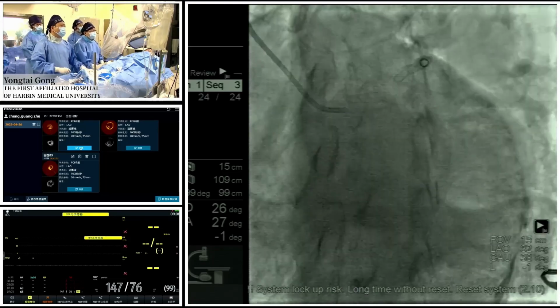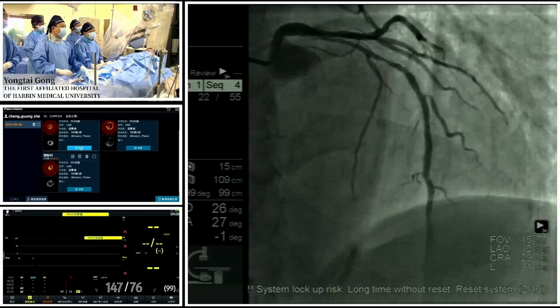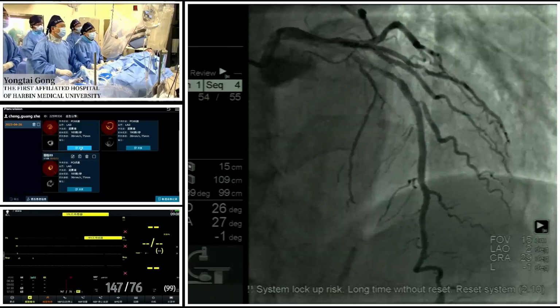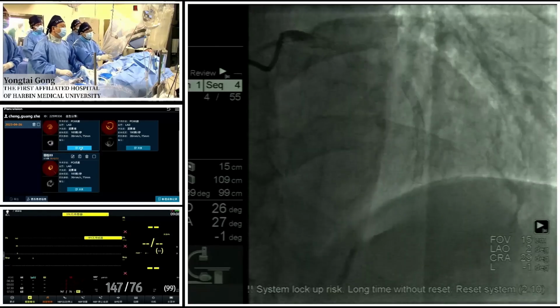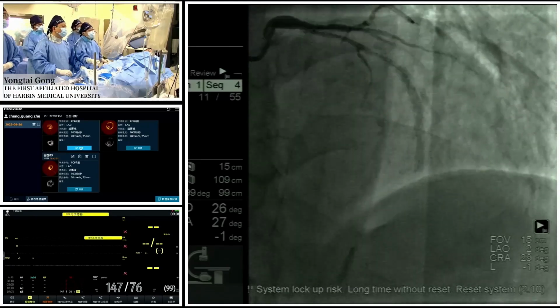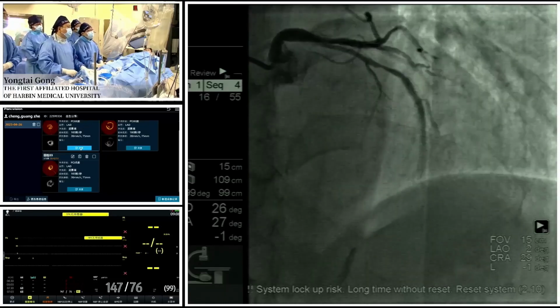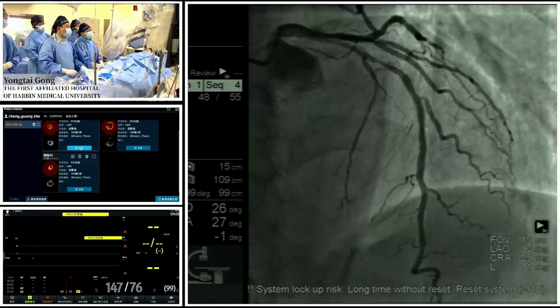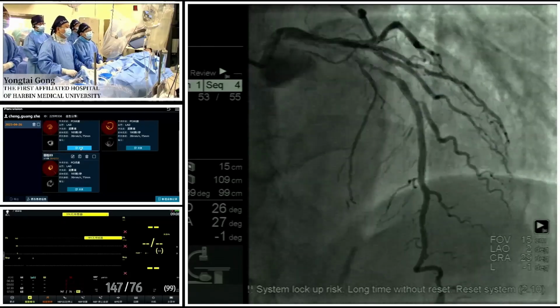All right. We can see at the end of our left main, there is significant calcification. Nearly 80% to 90% stenosis in the medial LAD to the proximal LAD.